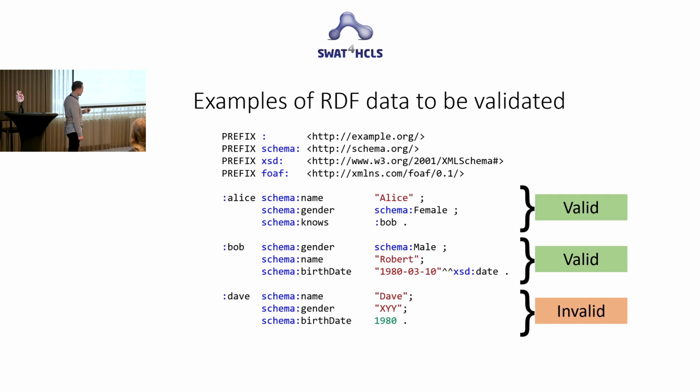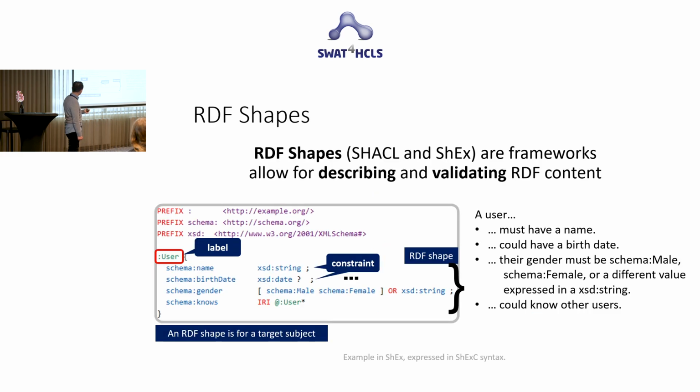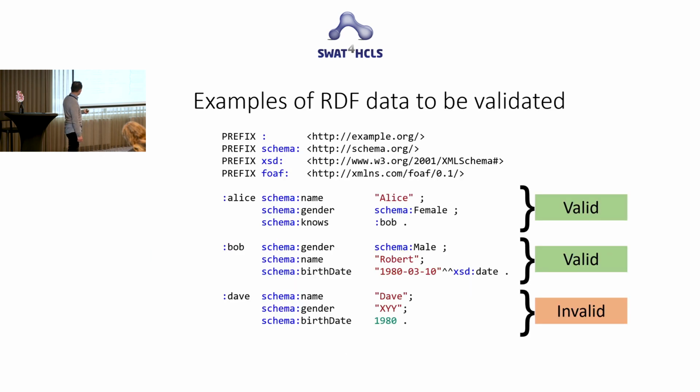But the third one is invalid, because the property object is only an integer, but the shape says the birth date should be XSD date type. An XSD date type is not an integer. So this is invalid. We can use that kind of thing for validating an RDF dataset.